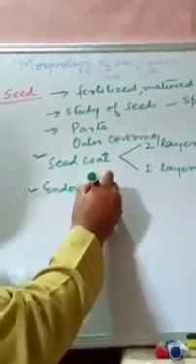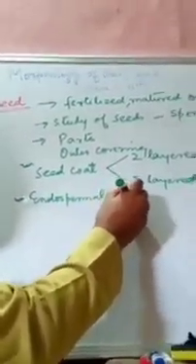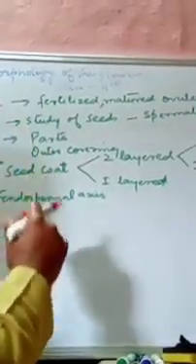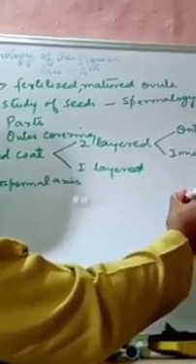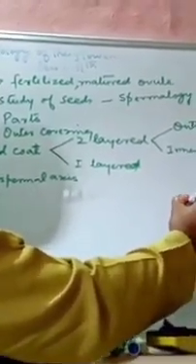embryonic axis. What is the embryonic axis? If we remove the covering of the seed, what will we find? We will find this slide structure. This is called the embryonic axis, but this is not too thick.